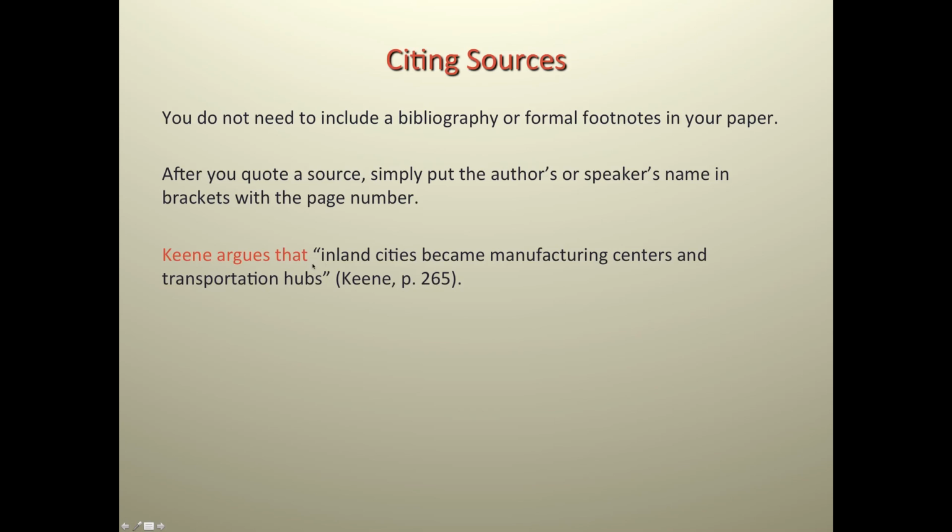Okay. Now, Keene argues is in red here because I wanted to remind you that when you include a quote, you need to tell your reader who is saying this, who wrote this. You can't just throw it in there without introducing the quote and the author of the quote. So you always need to introduce the author of a quote.